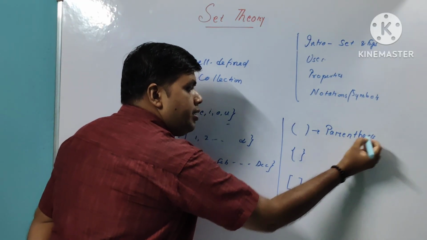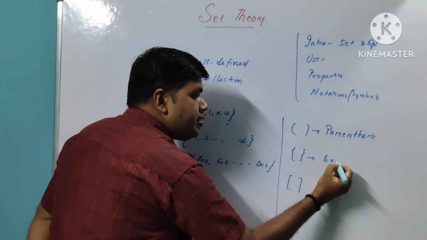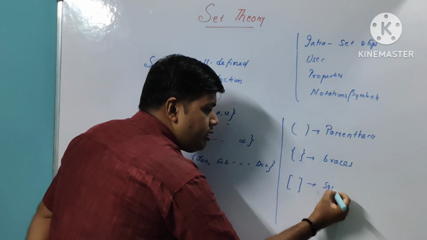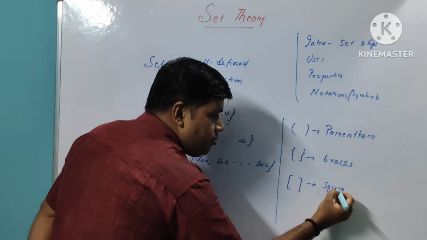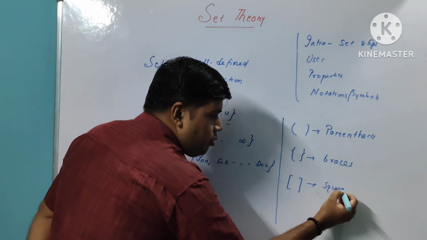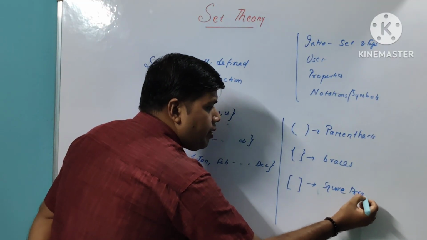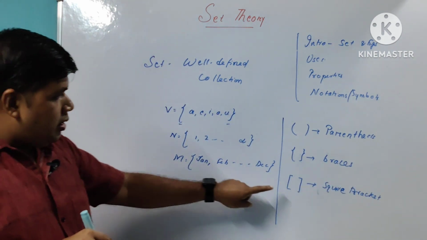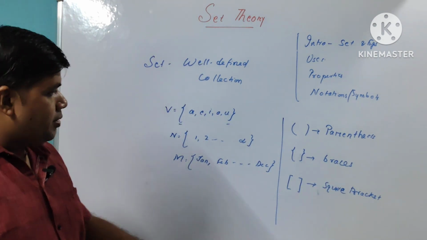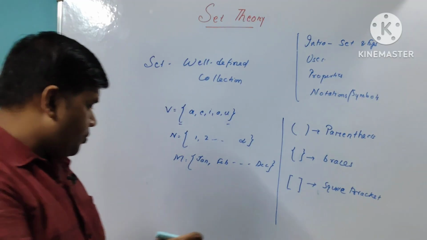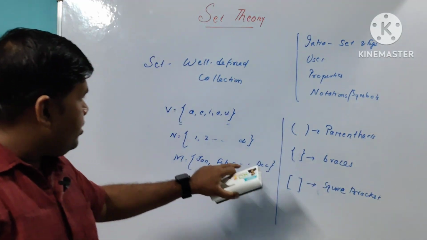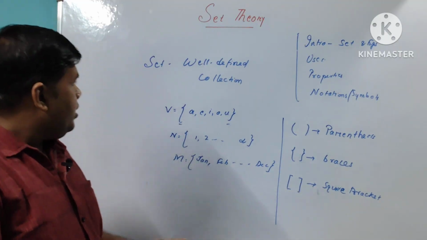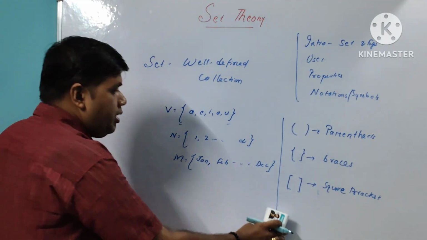The second bracket is called braces, or curly bracket, and the third bracket is called square bracket. In set theory we use the second bracket, the braces.